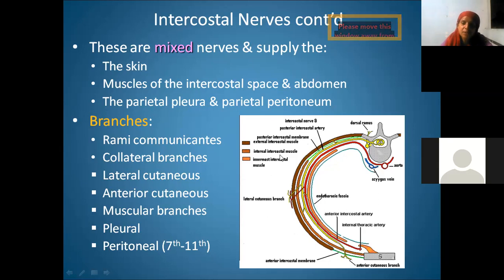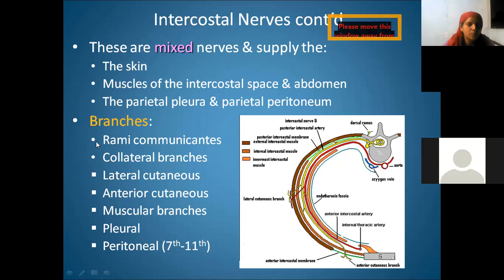Second and third muscles, internal intercostal muscles and innermost intercostal muscles. It is running like this and then it is giving one branch which is piercing the external intercostal membrane and supplying the skin. Okay, so and if you just see throughout its course, it is giving one branch which is moving outside, it is giving a branch which is moving like this, collateral branches, many branches it has.